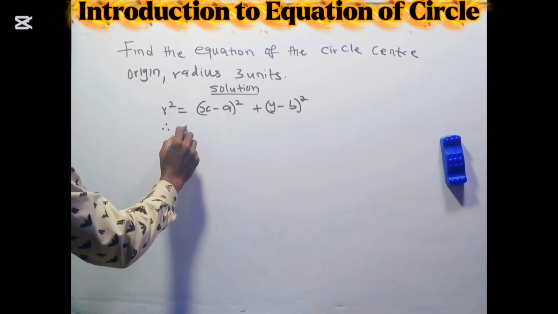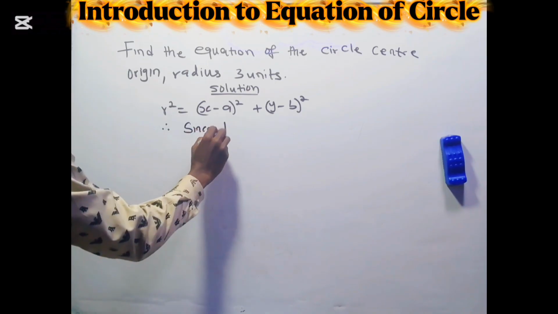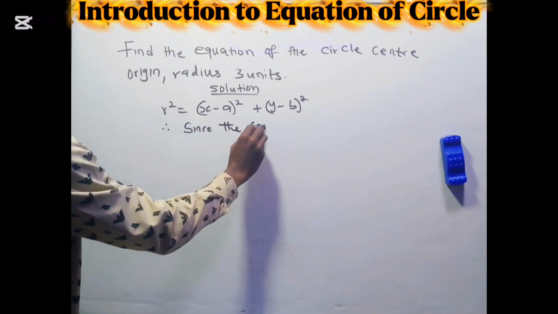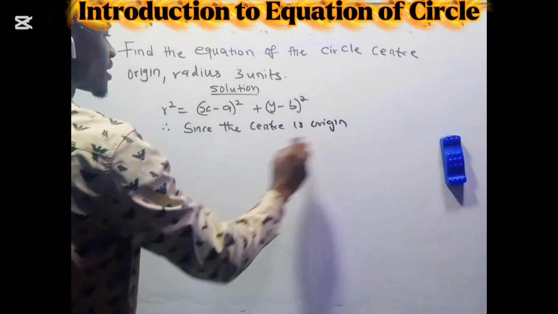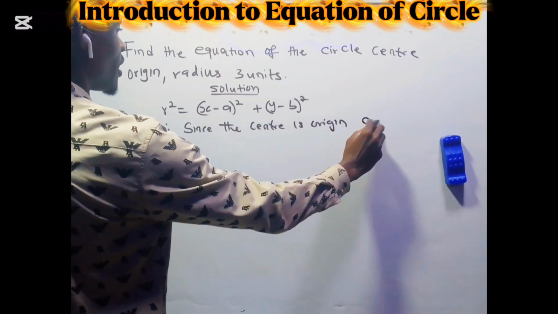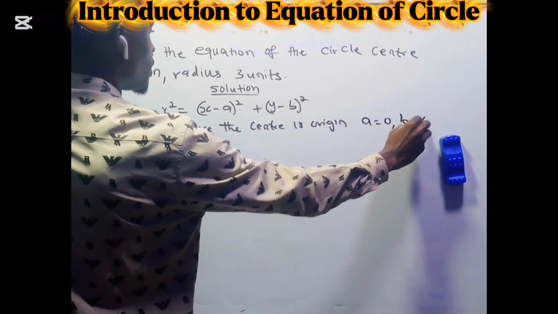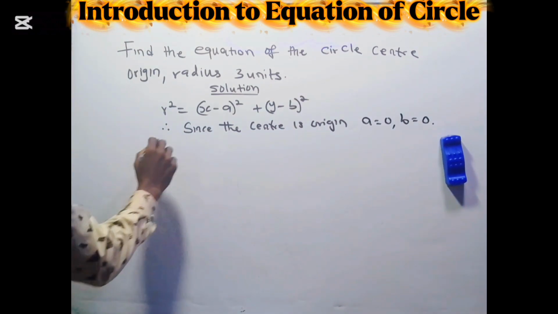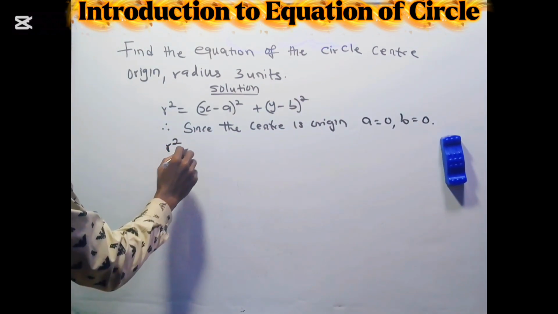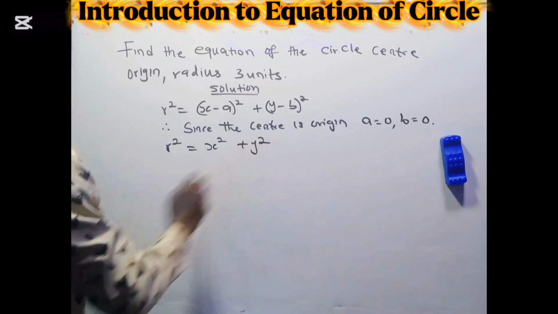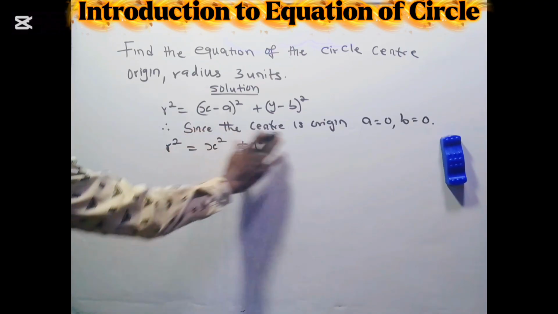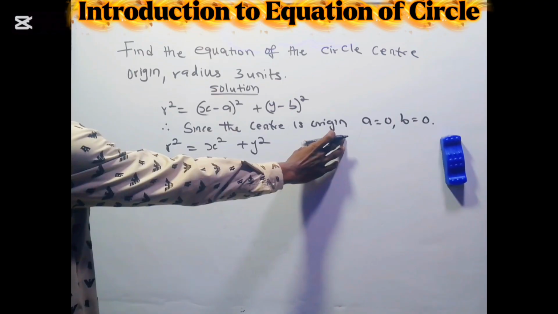Therefore, since the center is the origin, a will be equal to 0, b will be equal to 0. That means r squared will be equal to x squared plus y squared, giving center as origin.